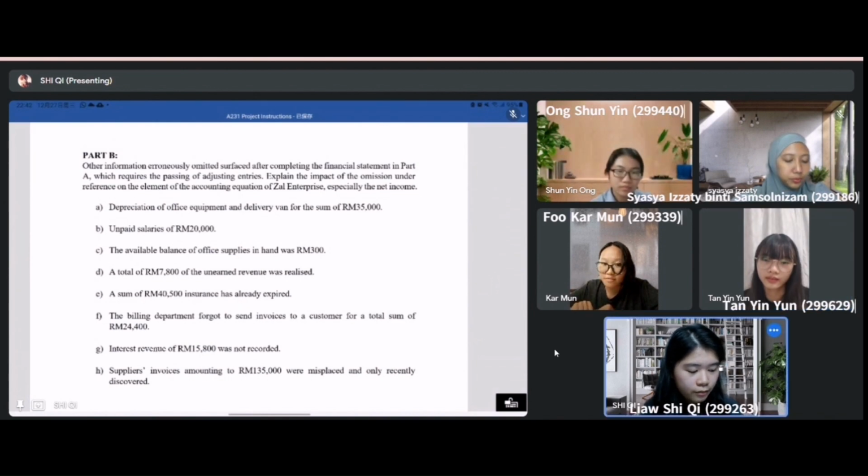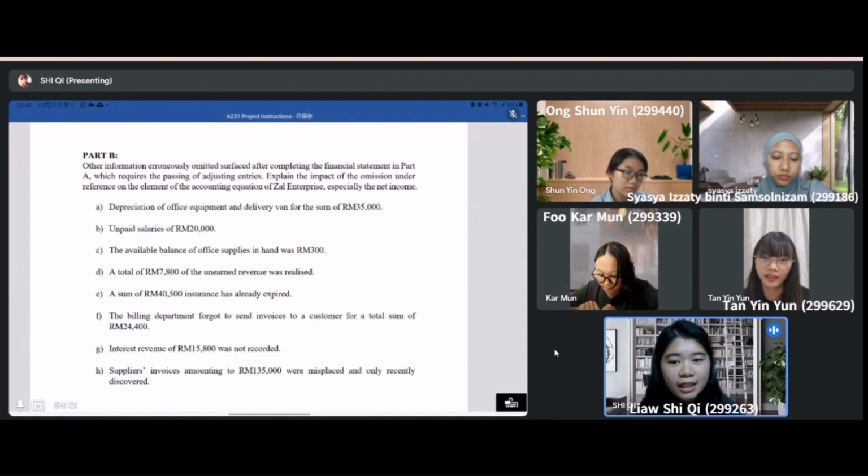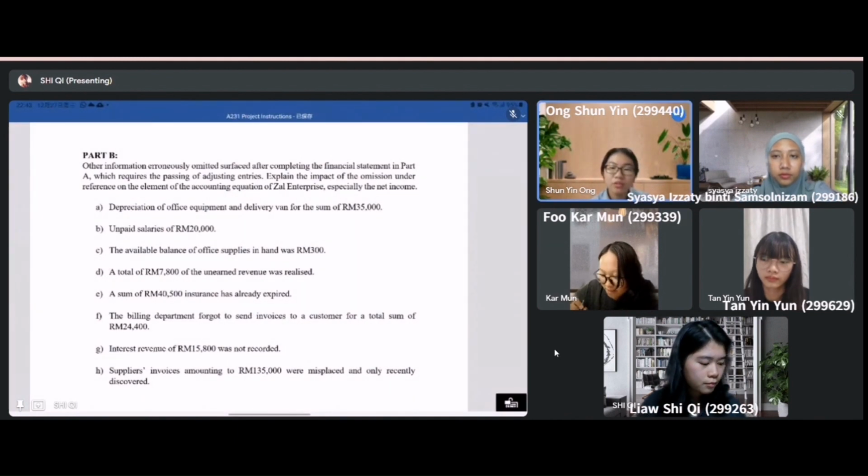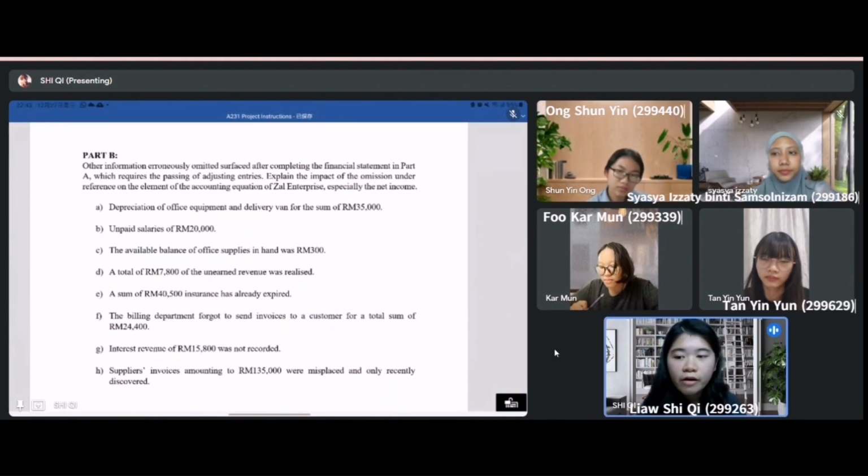Alright, so just now Calvin said debit cash, and then Imin said unearned revenue. So Sunyin and Shasha, what is your opinion? I think unearned revenue for debit. I also think it's unearned revenue. Unearned revenue would be the debit side.